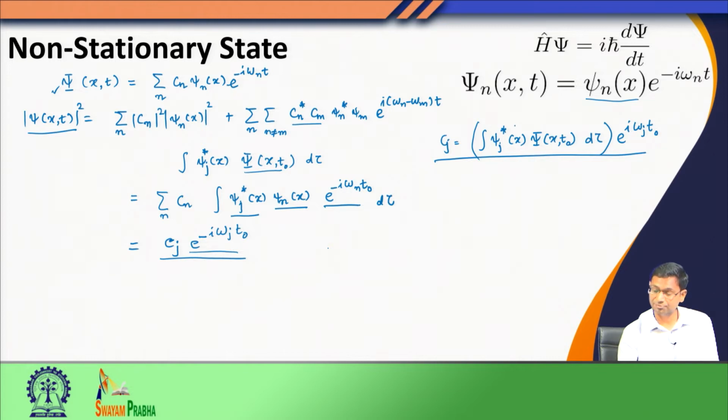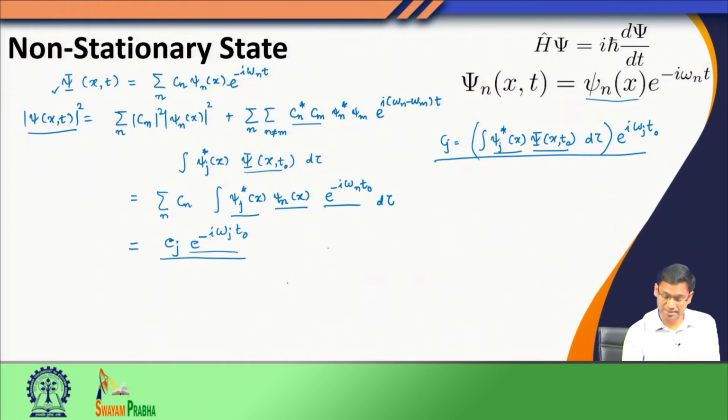I simply have these eigenfunctions, and I know them because they are the solutions of the time independent part, and this one is the total function, or time dependent function, at time t equals t 0. When I evaluate this overlap, I get some constants, then I multiply by this time factor, and I have got this C j.